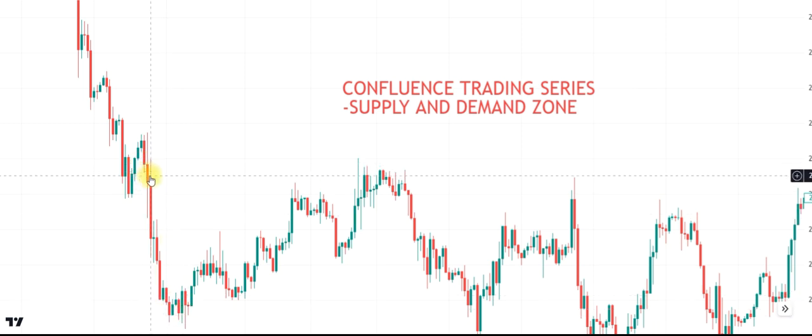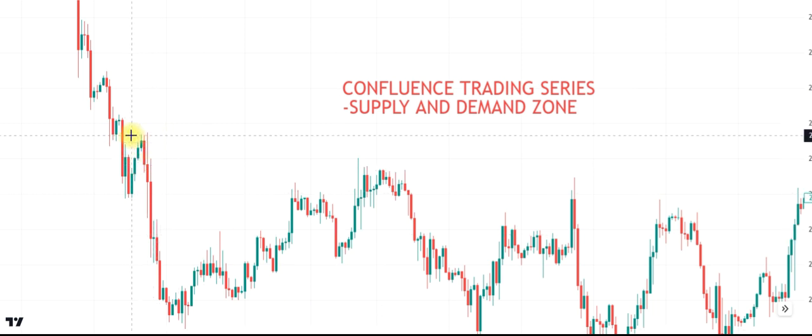This is probably a buyer's trap, where buyers got caught in the seller's trap and lost their capital or some part of their profits. So this is the area where we see lots of supply.